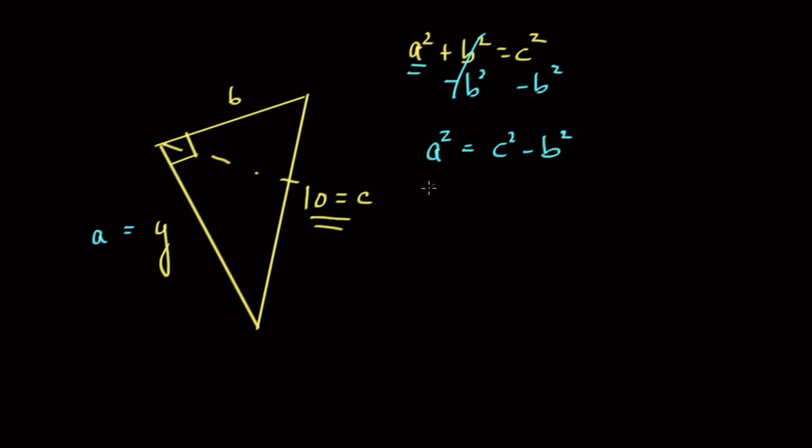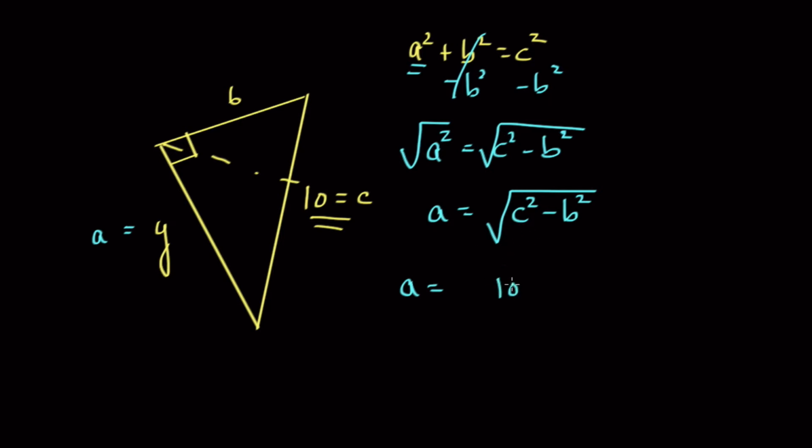Well, I don't want to know what a squared is. I don't know what y squared is. I want to know what y is. So I'm going to take the square root of both sides. The square root of a squared is a. So a equals the square root of c squared minus b squared. I'm going to substitute. c is 10, so it's 10 squared minus 6 squared. 10 squared is 100. 6 squared is 36.